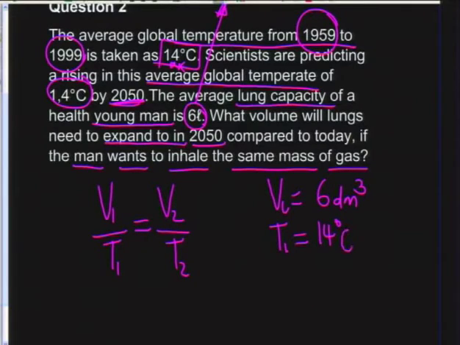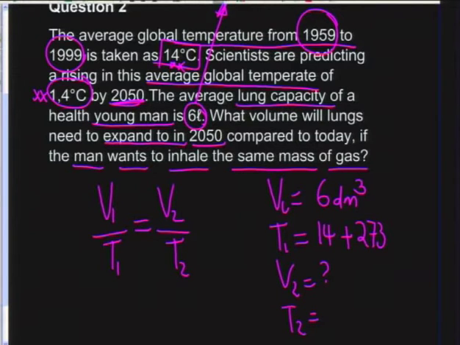So 14 degrees Celsius into Kelvin means you will need to add 273 here. And therefore, volume 2 is what we're looking for. T2 is given to us. We are told that the temperature will increase by 1.4 by 2015.